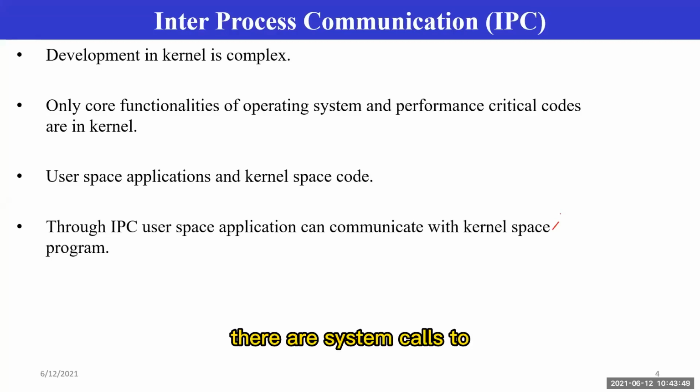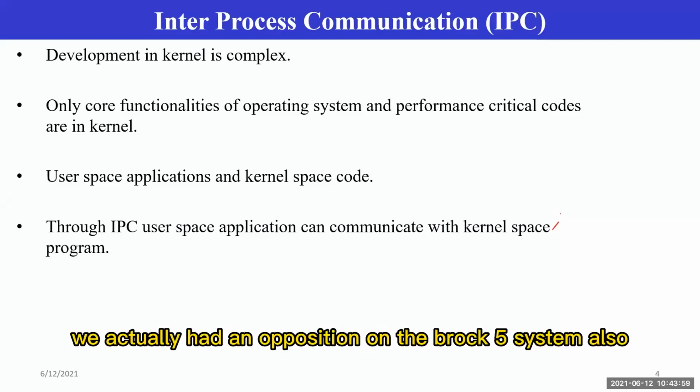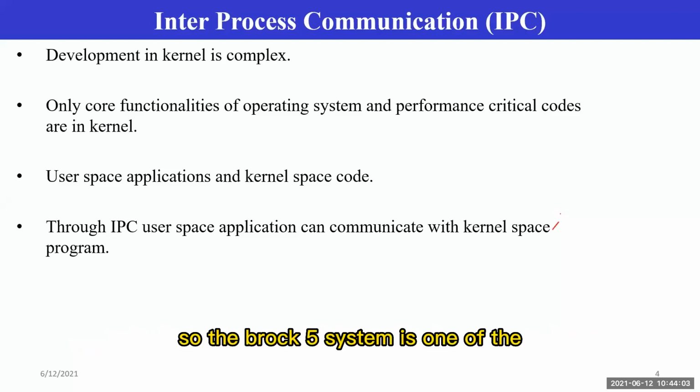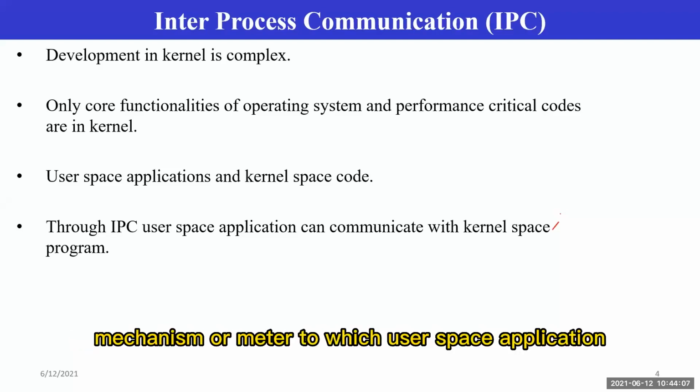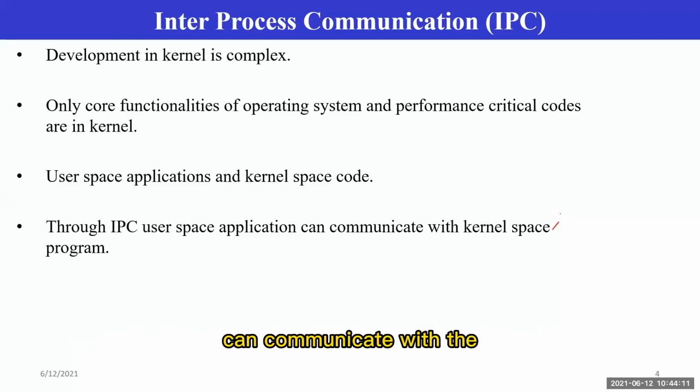There are system calls through which you can communicate with the kernel also. There is the proc file system, which is very famous. We actually had a session on the proc file system also. The proc file system is one of the mechanisms through which a user space application can communicate with the kernel space. And there is obviously Netlink.